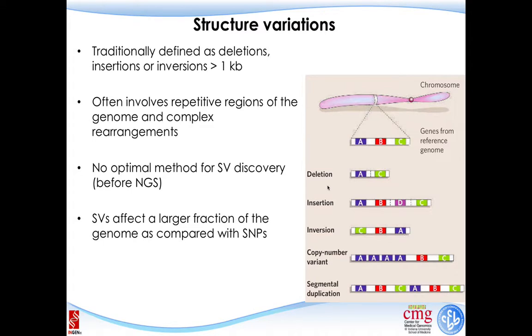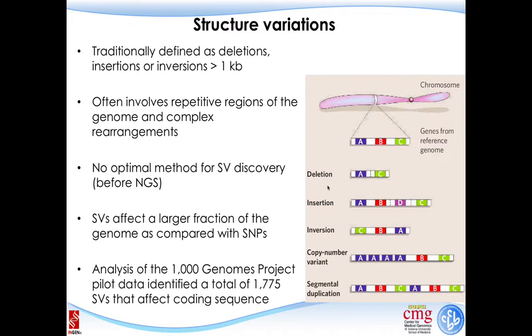So structure variation affects a large fraction of the genome as compared to SNPs, rather than just one change. When we look at the Thousand Genomes data, people identified over 1,700 structure variations that affect the coding sequence of the DNA, but those data are from healthy individuals.